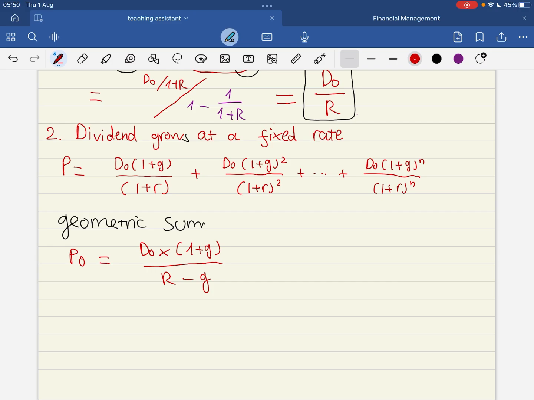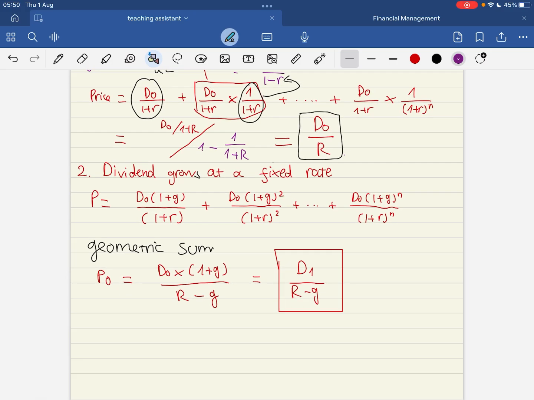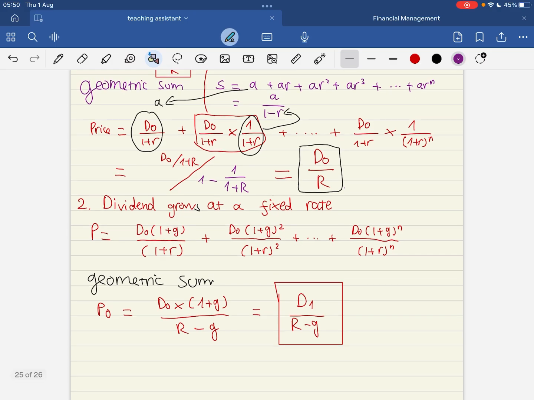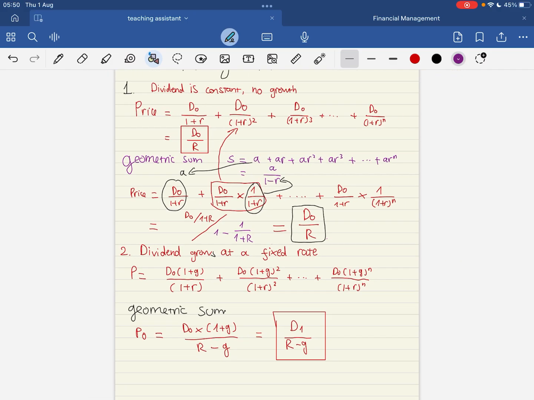And because D0 times 1 plus G is equal to D1, the final formula is P0 equal to D1 divided by R minus G. So please take a note, be focused, be careful, because it's totally different in the two cases.